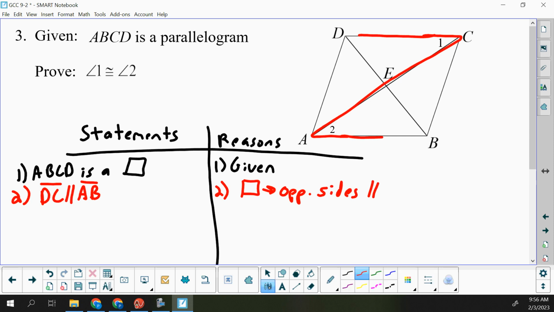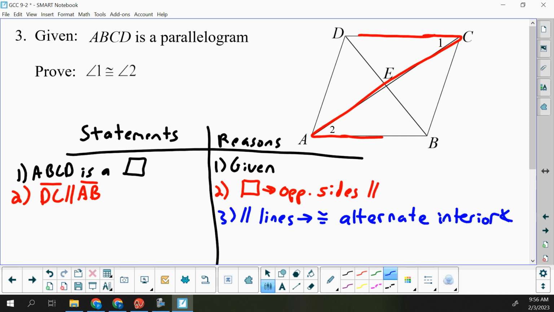From last unit, we can now use that parallel lines implies congruent alternate interior angles. And the angles of our zigzag are just 1 and 2 there. So we can say angle 1 congruent to angle 2, and we're done with this proof.